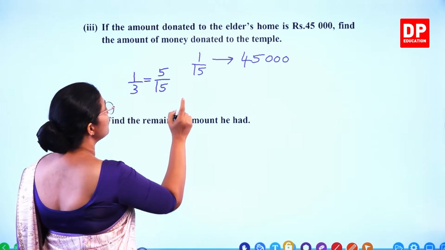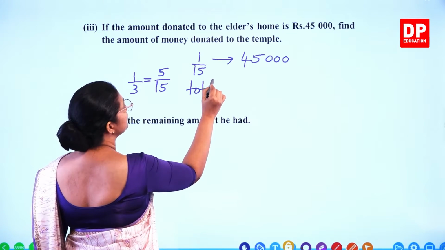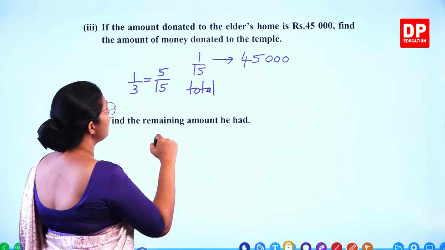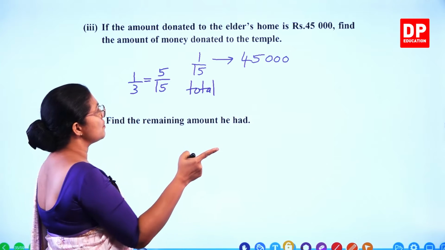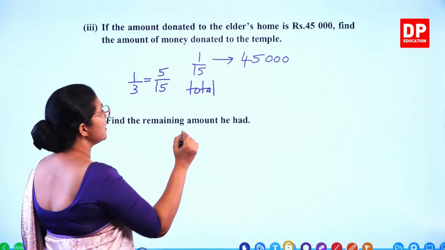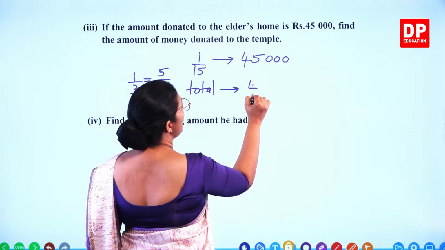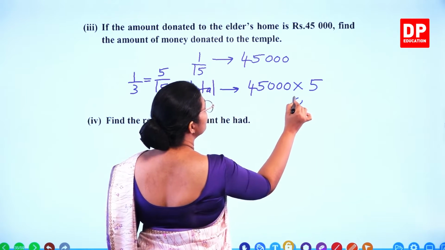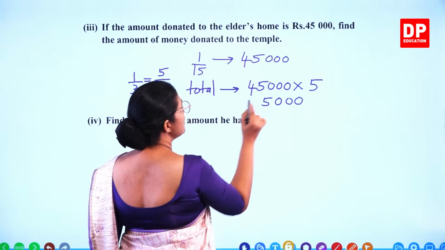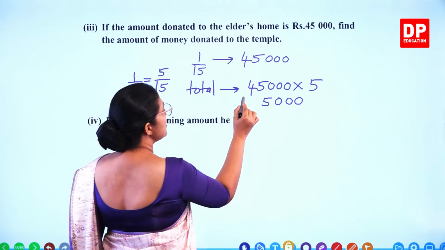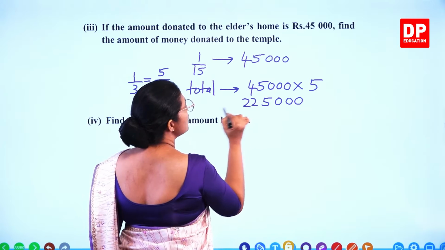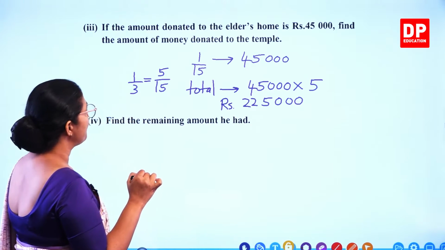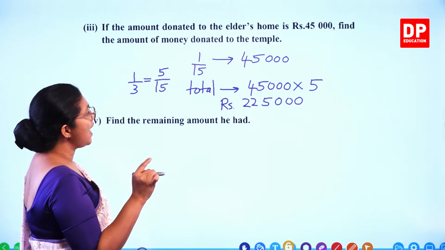So to get the total, you can multiply this by 5, because 1/15 is this much. What about 5/15? So the total is 45,000 multiplied by 5. 5 times 5, 25. And 5 times 4, 20 plus 2, 22. So 225,000 rupees.